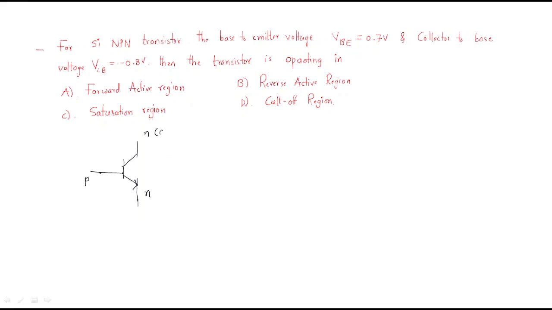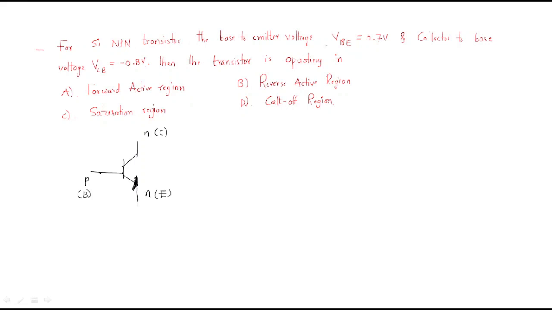Take it as a collector, a base, and an emitter. How can we say that? The emitter has a symbol like this, and this symbol is coming from P type material to N type material. The symbol is like this, the current flow is like this.